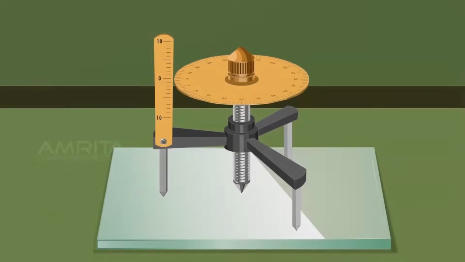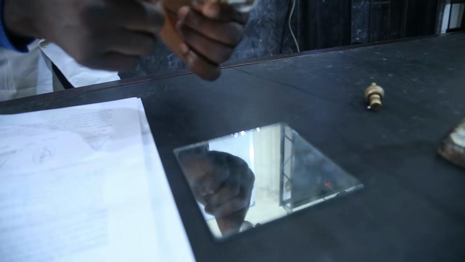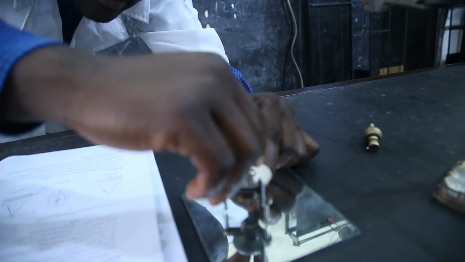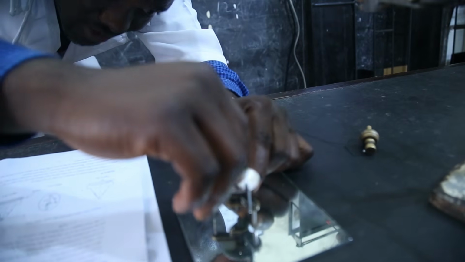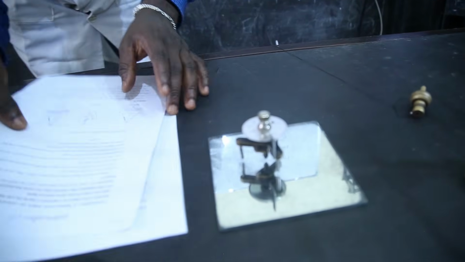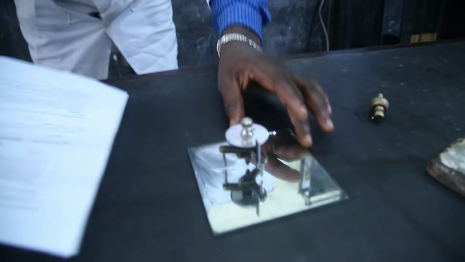You ensure that the spherometer has 4 legs, 1 in the middle. There are 3 others, 1, 2, 3. Then you have this, making the 4th one. So you use this key and make sure that all the 4 legs touch the surface of the plane mirror.